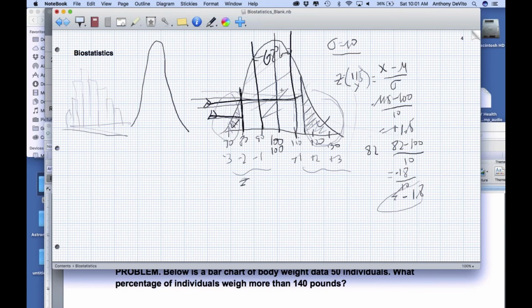Since it's symmetrical, this area in here has to be 34%, and this area on the other side of the mean has to be 34%, leaving 16% below and 16% above. We also know that if I go 2 standard deviations out, that represents 95% of the distribution, which means that outside of this area and this area, that represents 2.5% on each side, since it's symmetrical and has to add up to 100%.